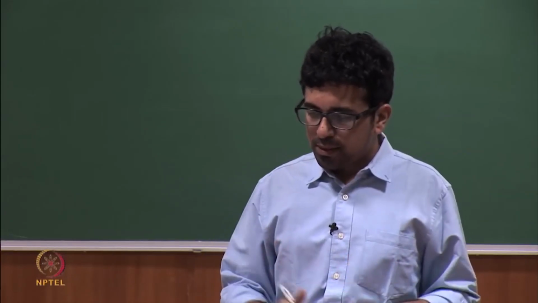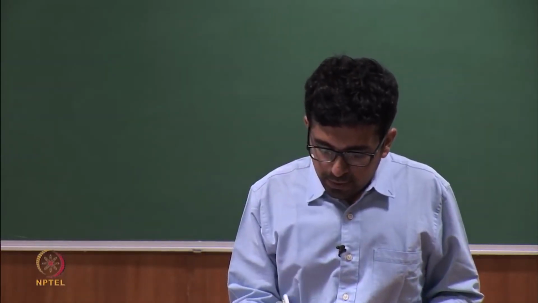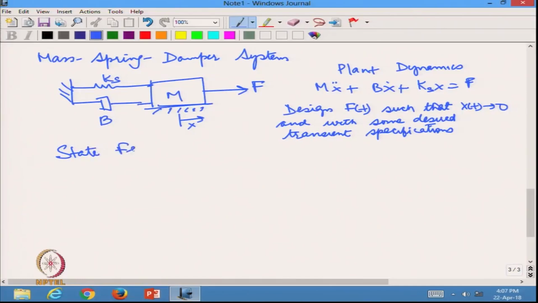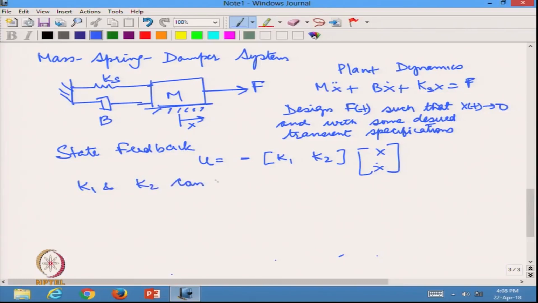So, from our classical methods, we know that we could design a state feedback pole placement controller of the form u is given by minus k1, k2 times x and x dot, right. So, k1 and k2 can be chosen using the pole placement method.